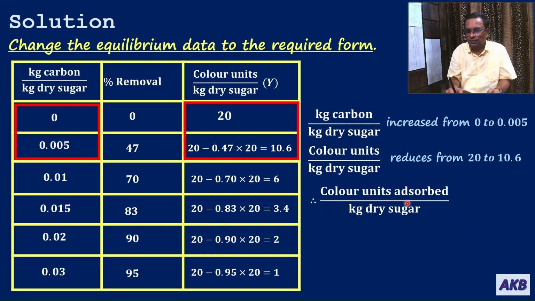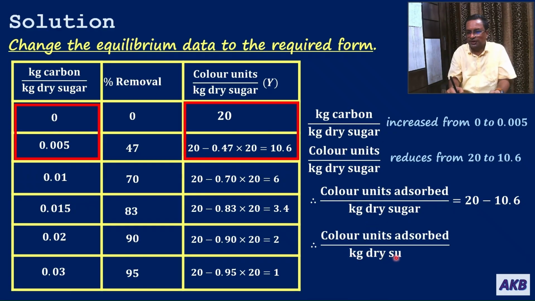So color units adsorbed per kg dry sugar would be the difference between these two. The original color units is 20. The color units remaining after adding 0.005 is 10.6. So the difference of these two is adsorbed on the surface of the adsorbent. Therefore, color units adsorbed per kg dry sugar will be 9.4.